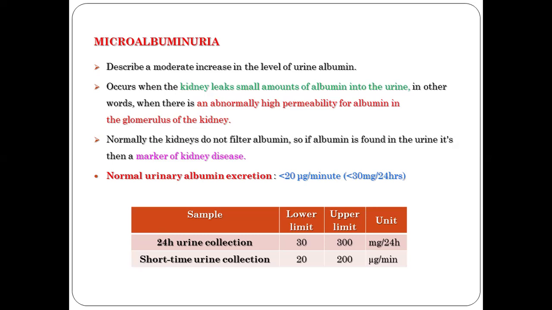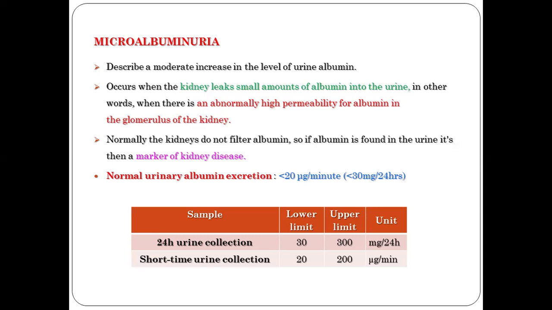As I already told you, in disease conditions, the charge nature of Bowman's capsule is going to change. So the albumin molecules and the Bowman's capsule have opposite charge, the molecules are attracted towards the Bowman's capsule, and that albumin is going to pass out through the urine.